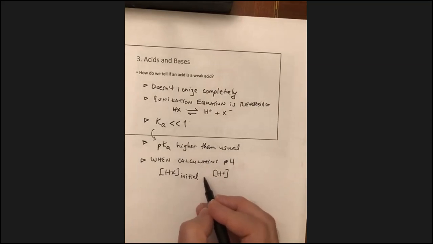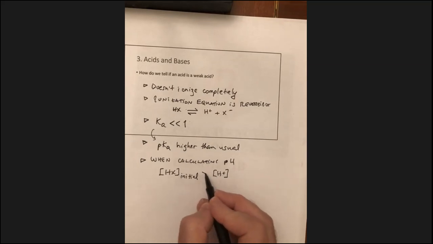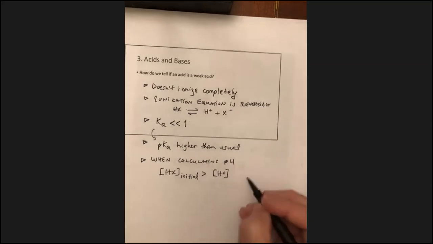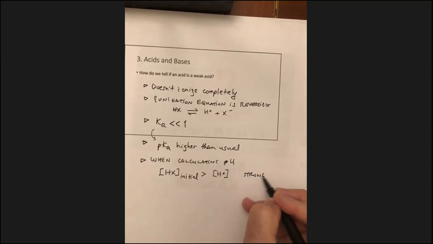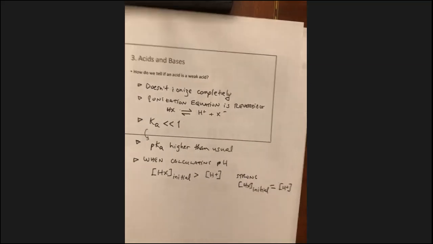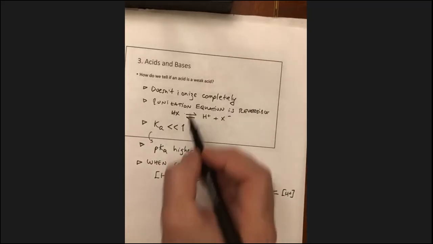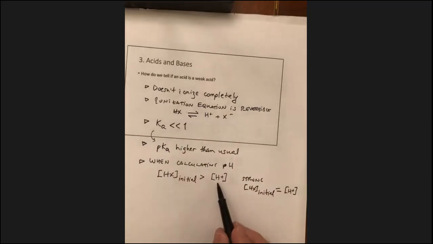You would put plus y, and then you would have to calculate y in your ice table, because this concentration is not going to equal the initial concentration. Remember, in a strong acid, whatever I start with is all going to dissociate, and so that's the same molarity for hydrogen ions. But in the case of a weak acid, because it doesn't ionize completely, your molarity is not going to be there.